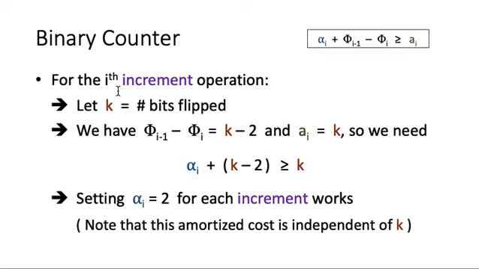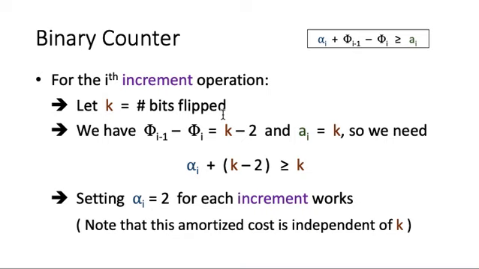Now, for the ith increment operation, suppose that there are k bits being flipped. If we take a closer look, when there are k bits flipped, the last k minus 1 bits are flipped from 1 to 0. So we have k minus $1 that we can take.